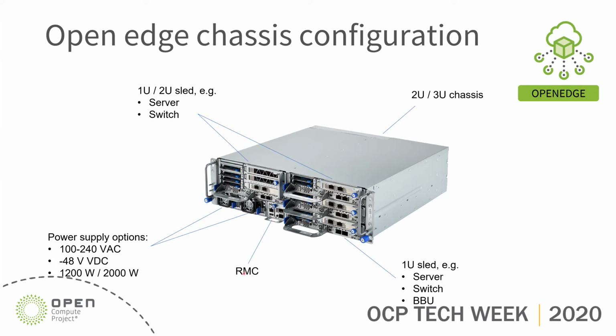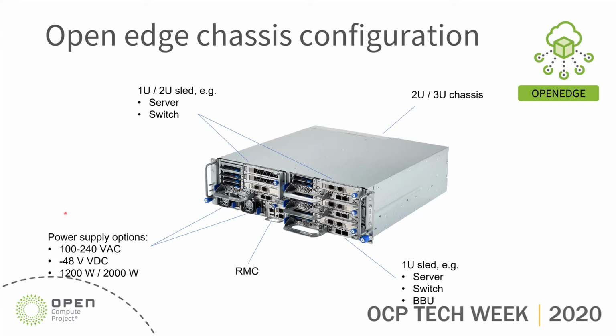And RMC comes with every chassis, so it's the management function for the PSUs mainly. It does not take a role in managing the sleds, except that it provides management Ethernet connectivity from the front panel of the RMC to all the sleds in the chassis via the backplane. So that's a pretty convenient way of handling the hardware management of this entire system.